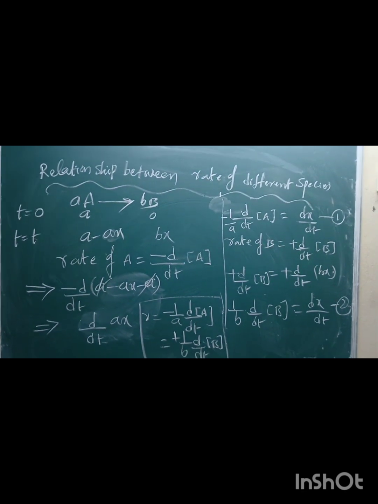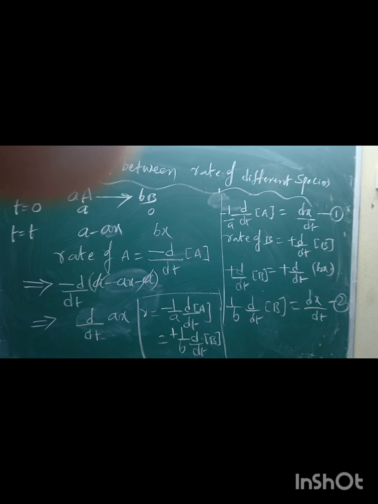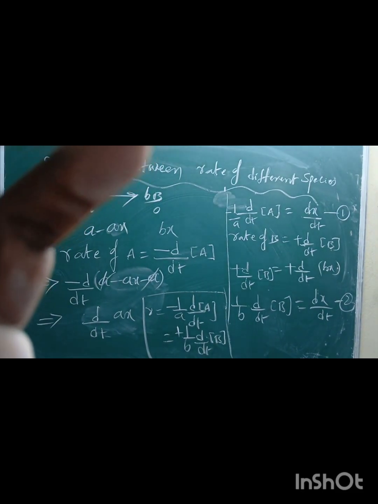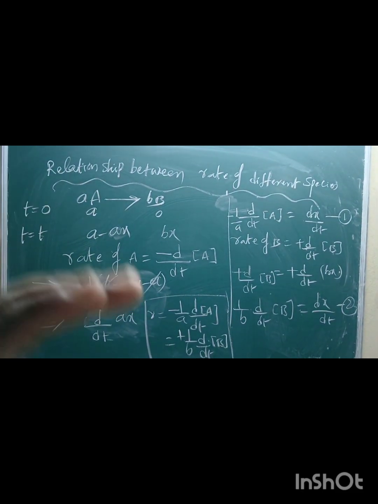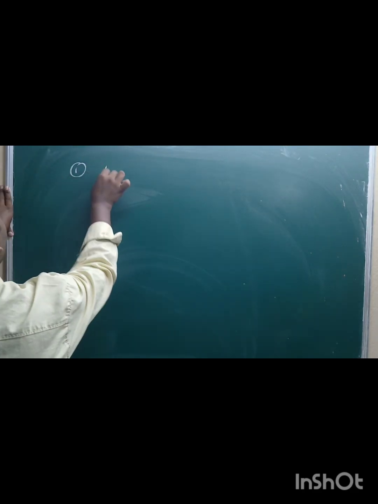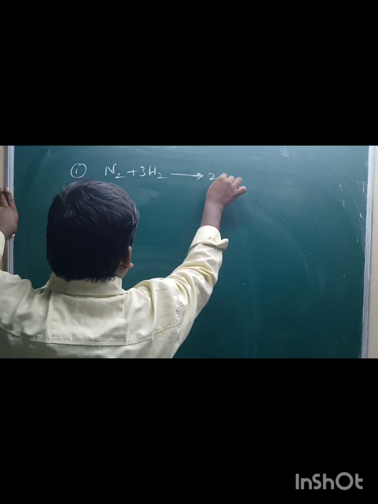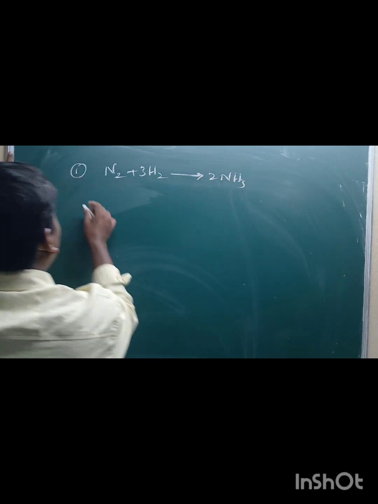I hope it is clear how to write the rate of reaction of various reactions. Now I will write some examples of rate of reactions. For example, N2 plus 3H2 gives rise to 2NH3. What is the rate of reaction?